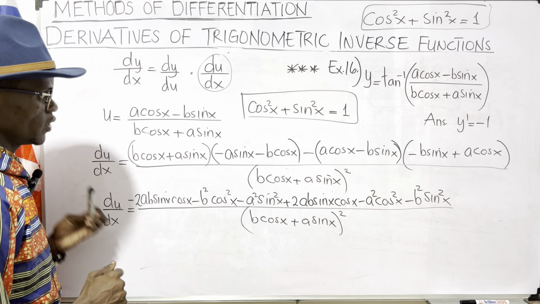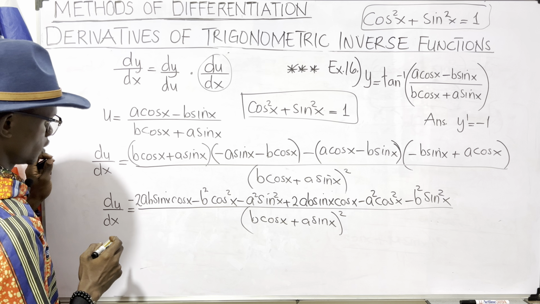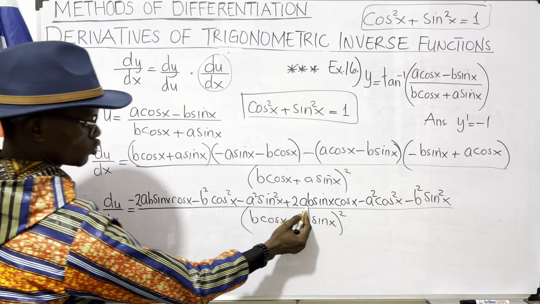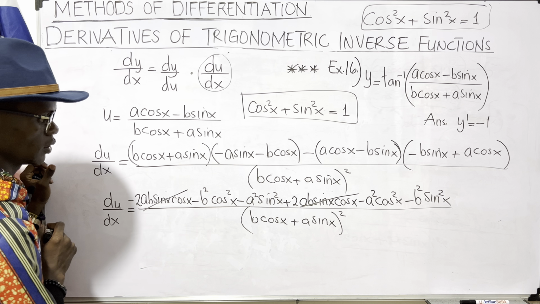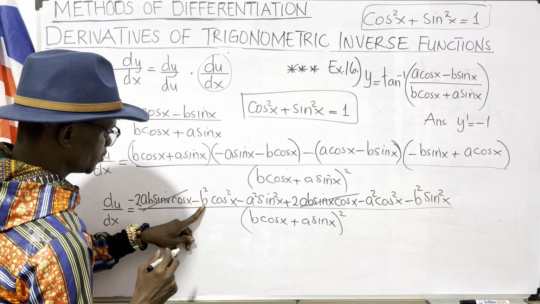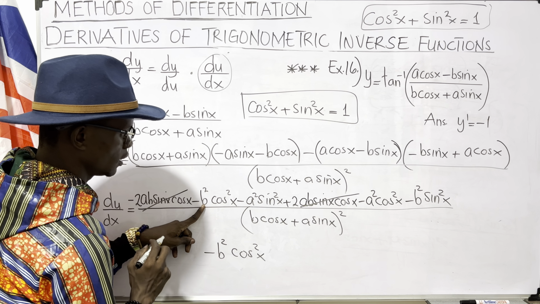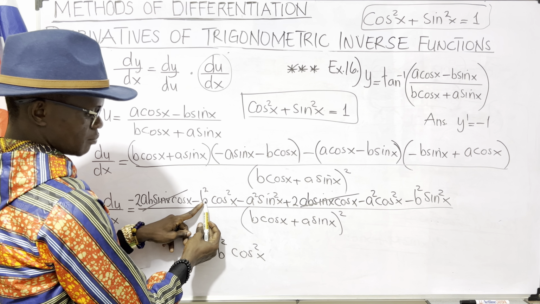Now we can try to bring in this identity. Let's further simplify 2ab sin x cos x. Positive and negative go out. Now minus b² cos² x. We cannot pair it with a because this is b and this is a.